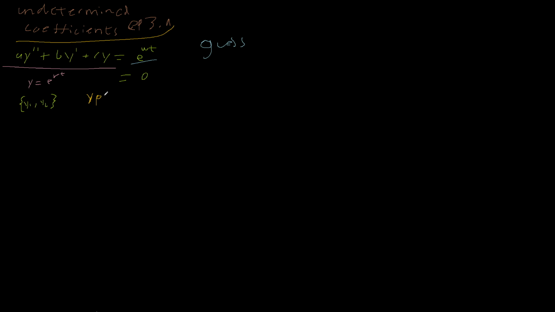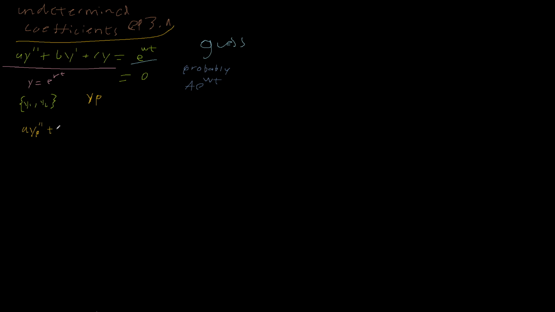What would a particular solution to this equation look like if we're supposed to get an exponential function out of this? The answer is probably an exponential function. So I'm just going to say e to the power of omega t. It's probably going to look something like that.